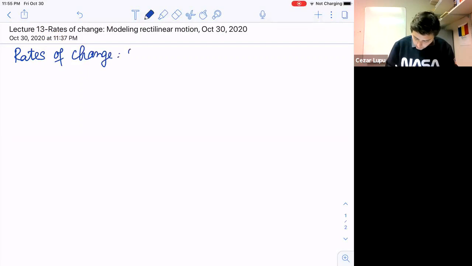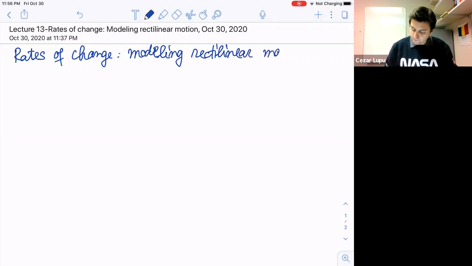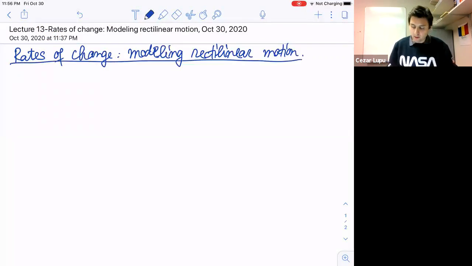And we will talk about modeling rectilinear motion. Okay. And I would like to start by drawing a picture.